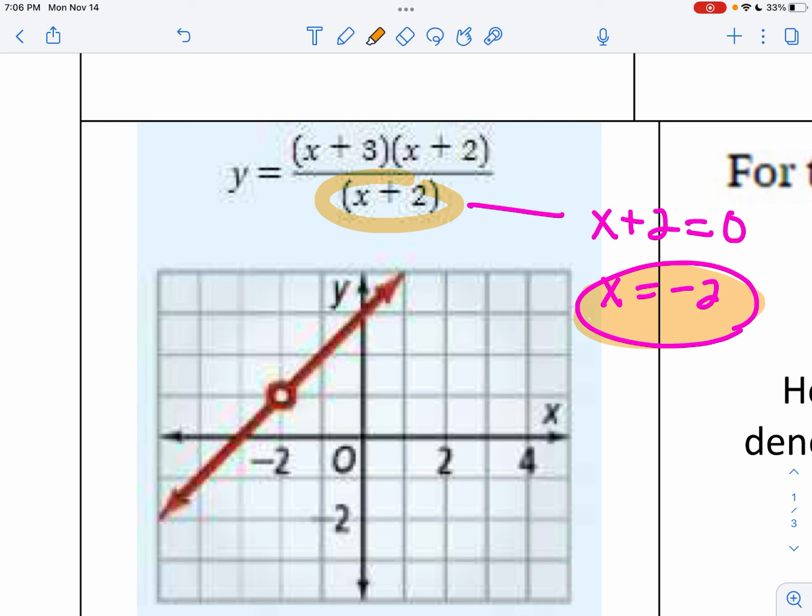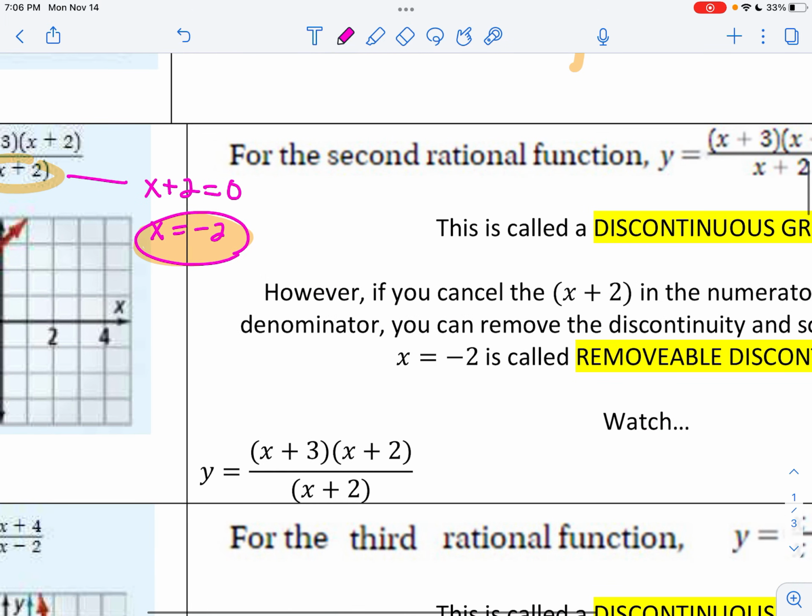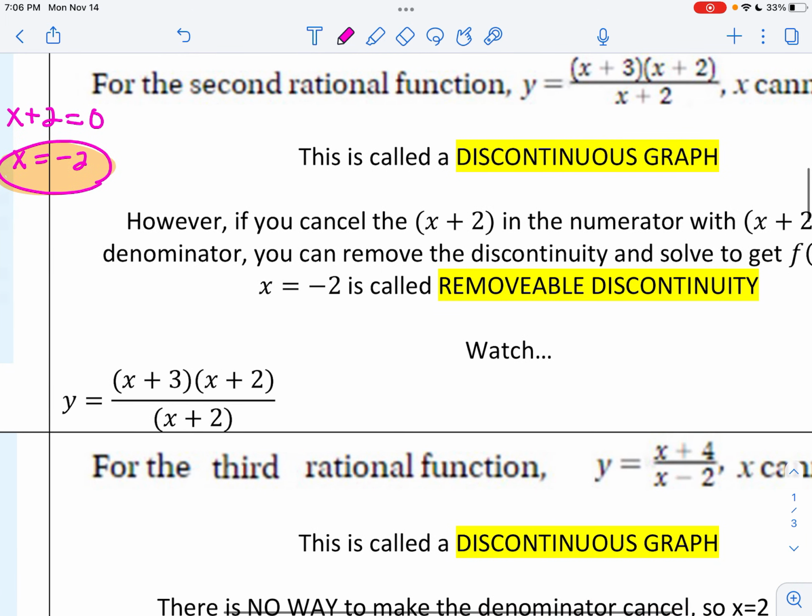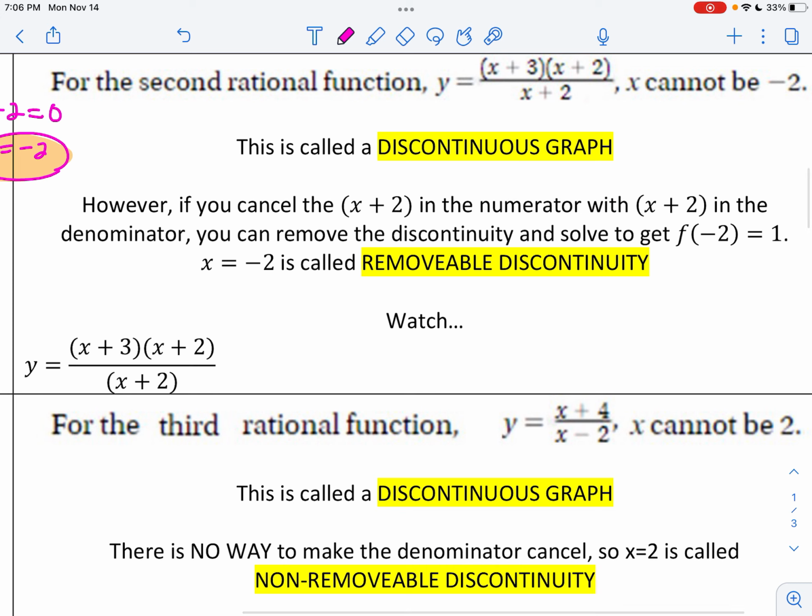Right here at -2, we have this open dot. So this is called a discontinuous graph because there's a value that we can't plug in, like -2.